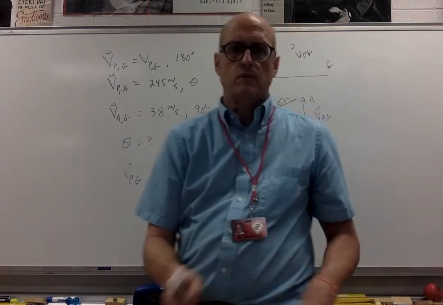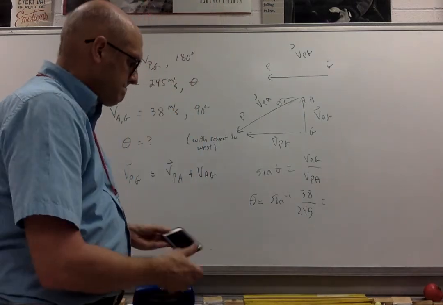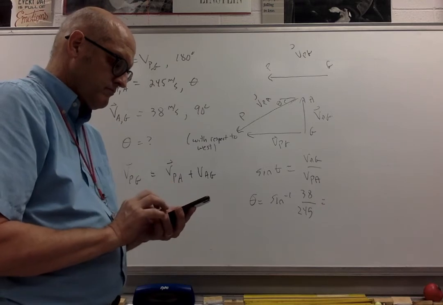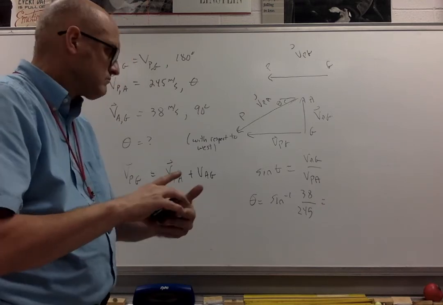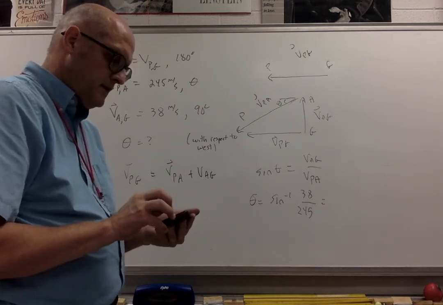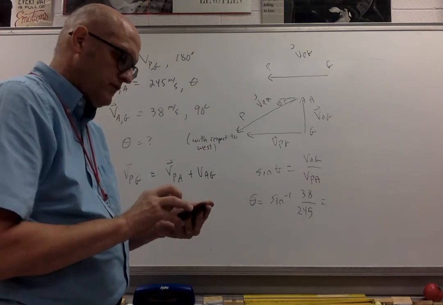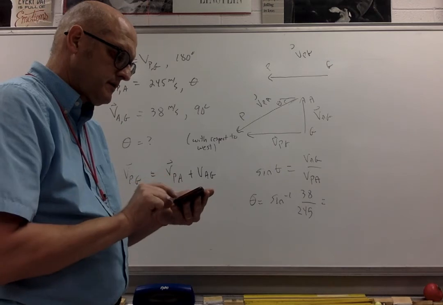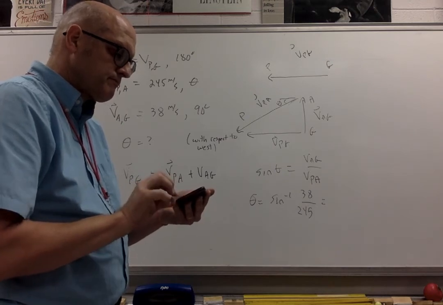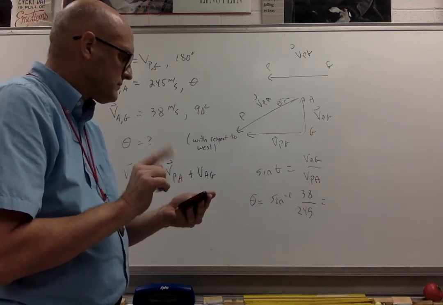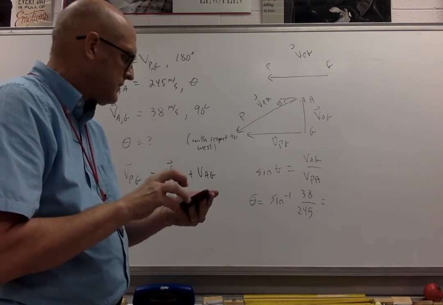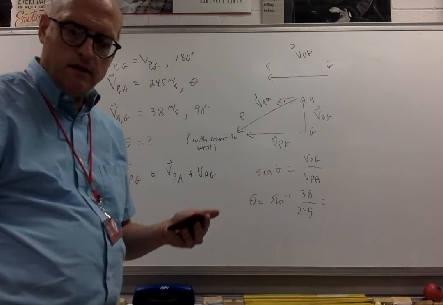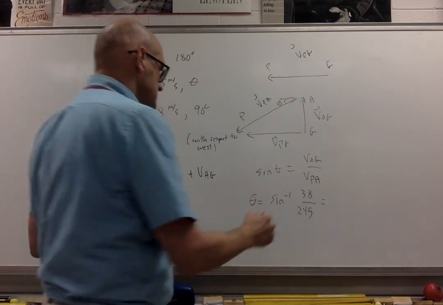Okay, so let's see what we get. So 38 divided by 245, and then we take the arcsine of that. Do that again. 38 divided by 245, arcsine, 8.8 degrees.